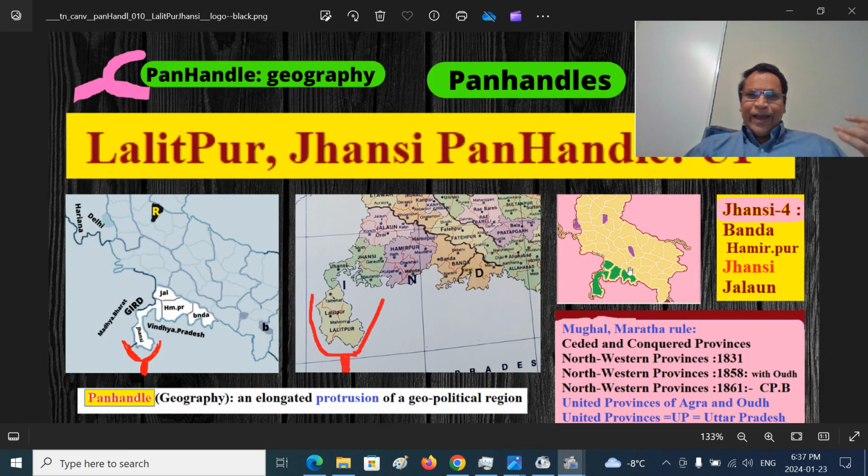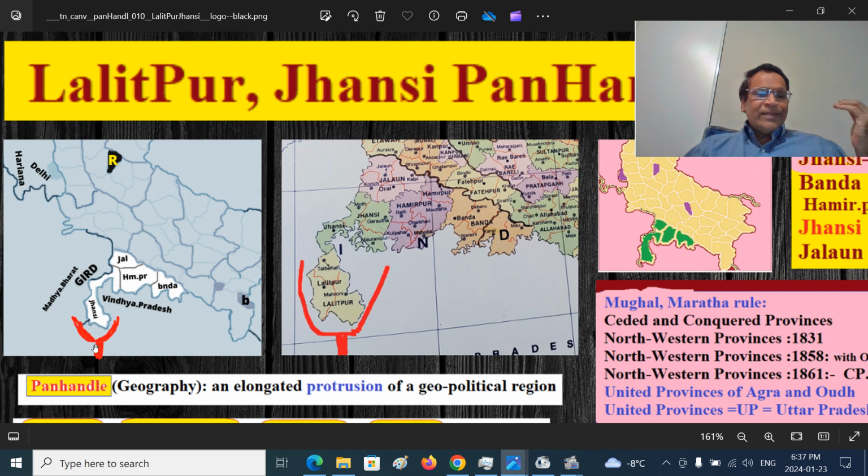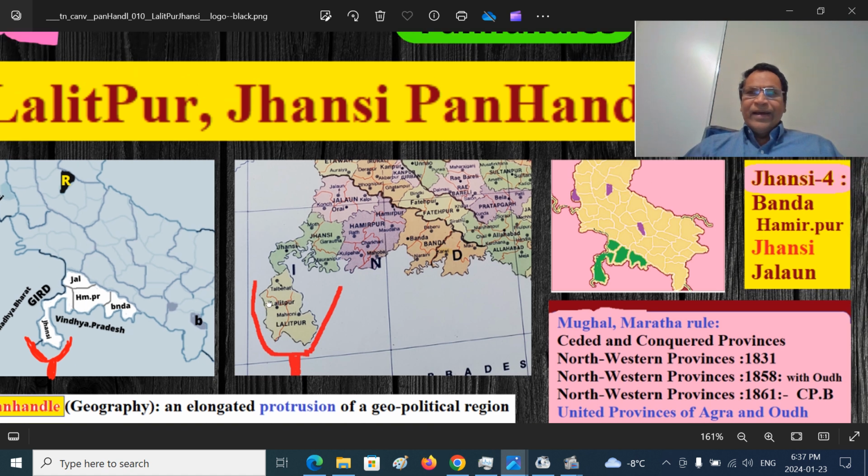So I have put the districts here. I have mentioned here, this is the handle for this pan, Bundelkhand. This is the Lalitpur. This is the Jhansi. This is Jalaun region. Hamirpur, Banda. I have mentioned the districts here.